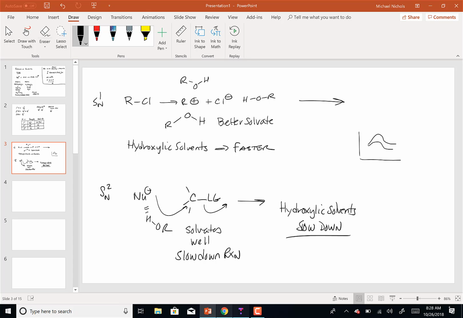Because now they're doing what they're doing, but that's not what we want. That's not what stabilizes. It actually makes the reactant more stable. And you could think about Hammond's postulate. If you pull down the energy of the reactant, you're going to increase the activation energy. Okay. So I don't even worry about aprotic solvents or non-hydroxylic ones because the focus is on hydroxylic ones. They speed up by solvation SN1. They slow down by solvation SN2.